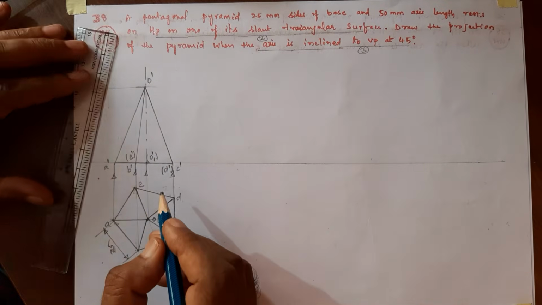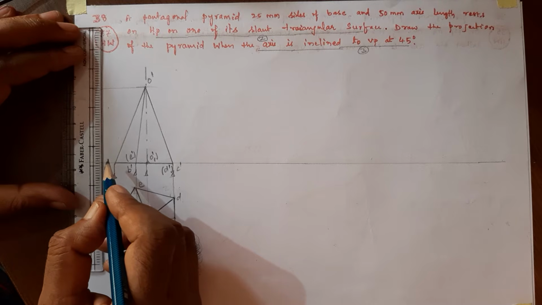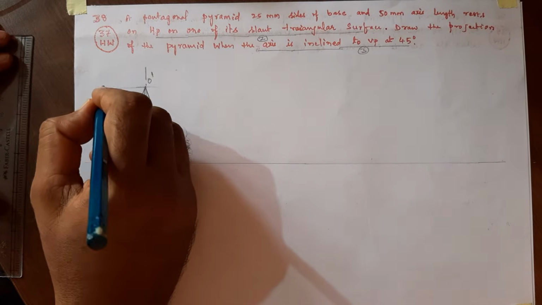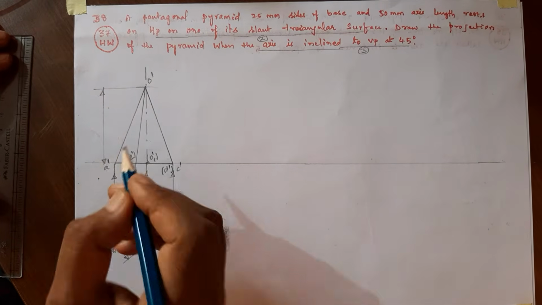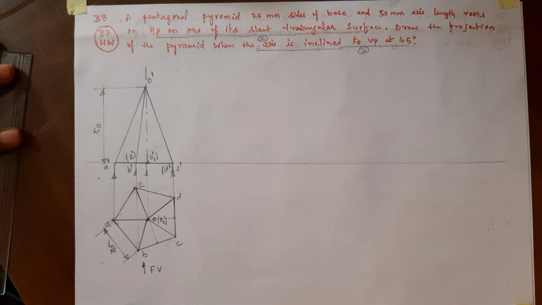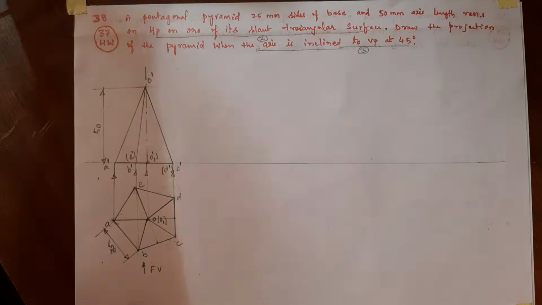This is 50 mm. So this is the front view and top view for the pentagonal pyramid resting on HP on one of its slant edges. Then second, we have to take note 2.